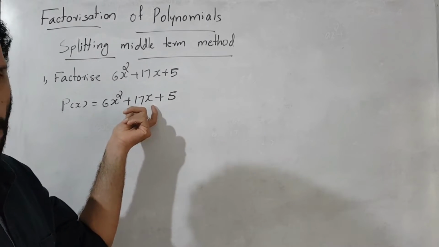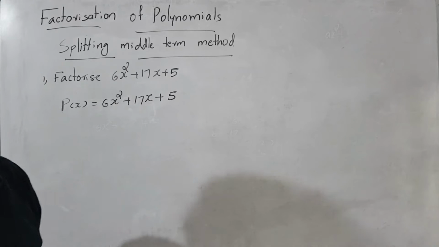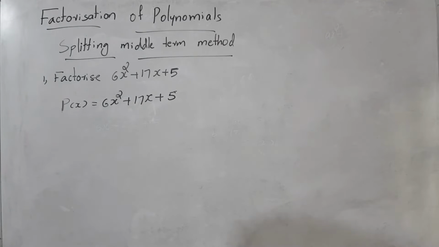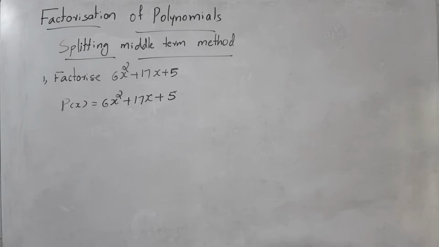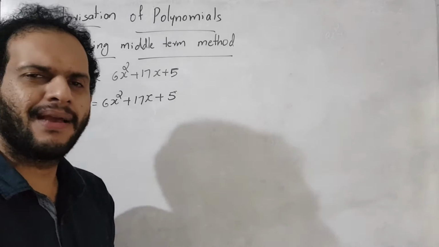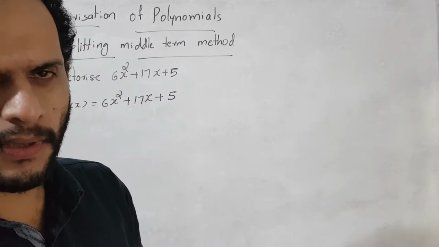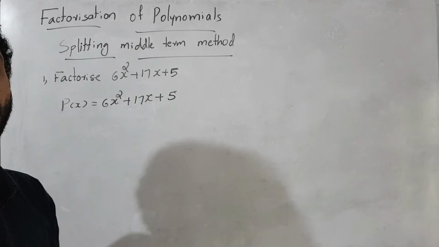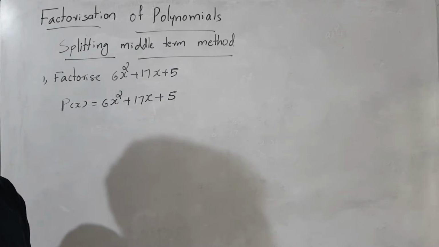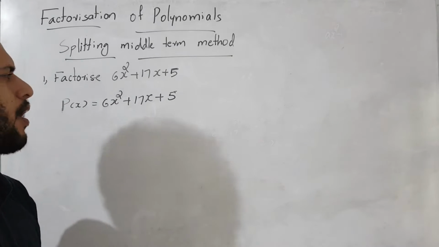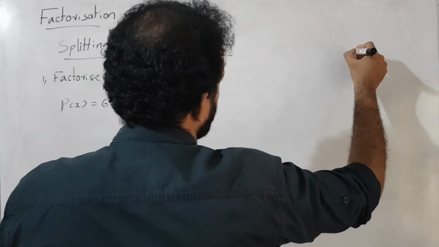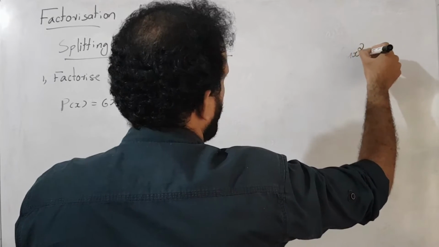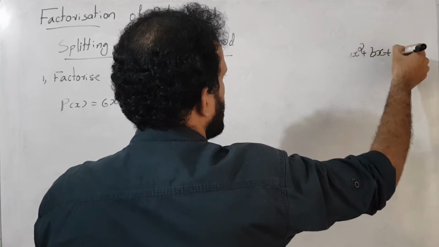We need to split the 17x as the sum of two other numbers or terms. For that, first you need to identify the coefficient of x square, the coefficient of x, and the constant term, using the general form of the quadratic polynomial. What is the general form of a quadratic polynomial? The general form is ax square plus bx plus c.